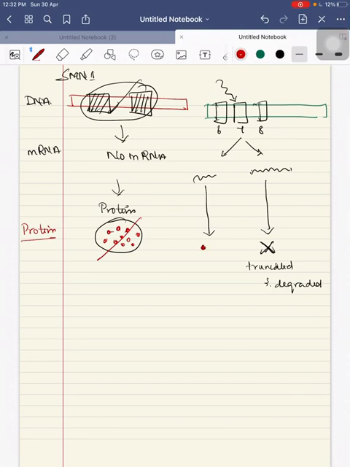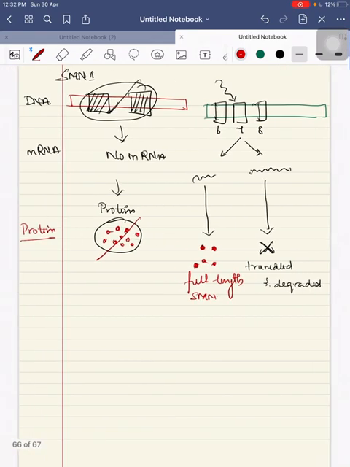So the protein will be truncated and degraded. Only about 20% of the mRNA will be transcribed into full length SMN protein, which is being used in the patient. Okay, so this is about the genetics of SMN.